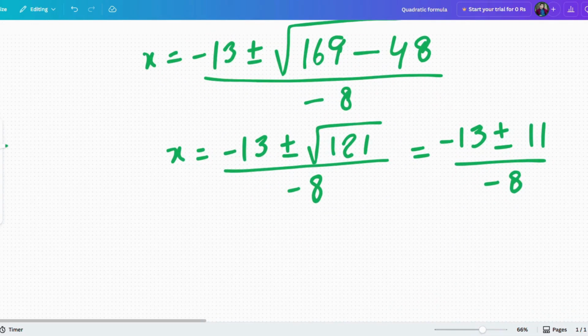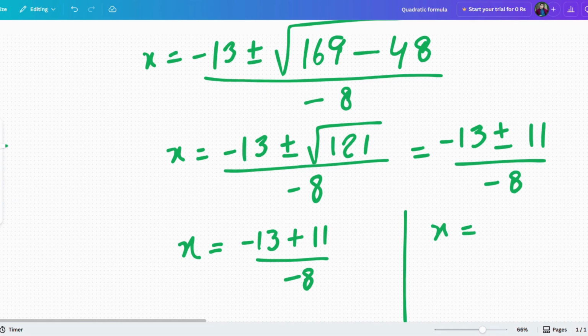So now I'm going to put x equals -13 plus 11 over -8, and one time I'll put x equals -13 minus 11 over -8.